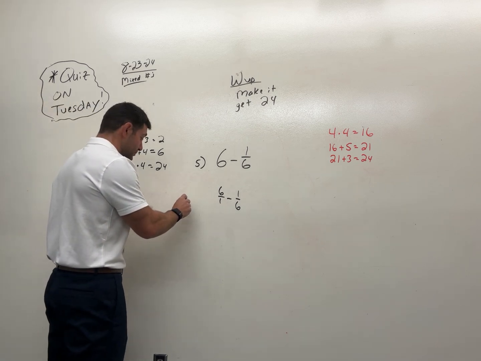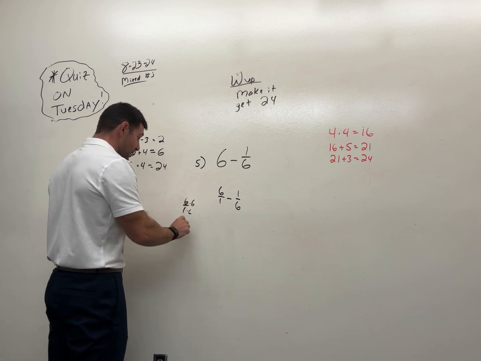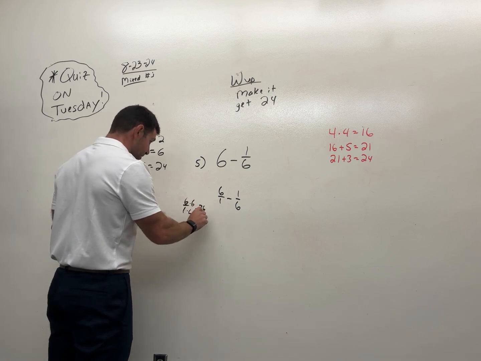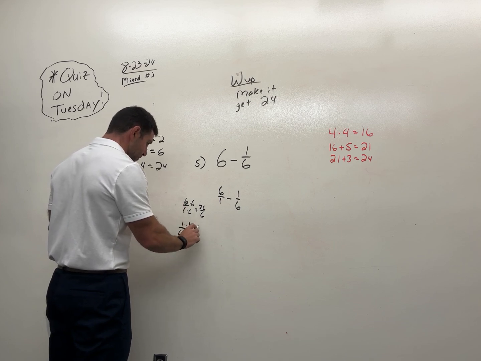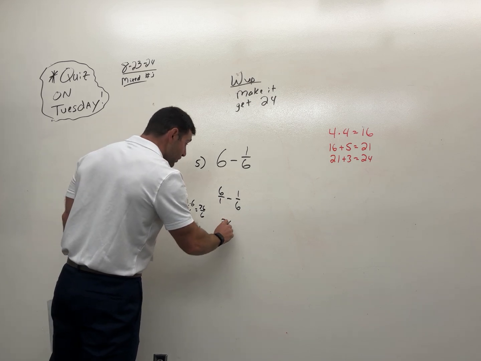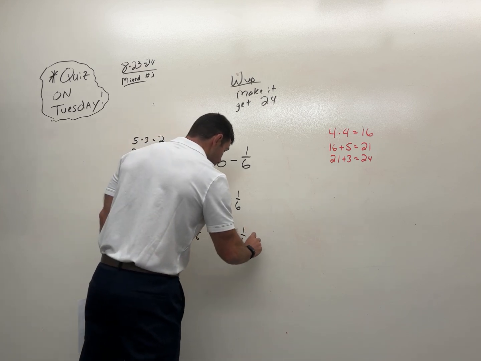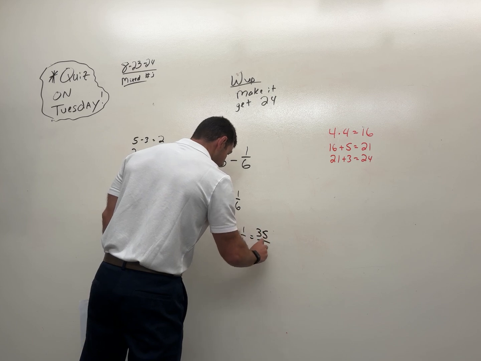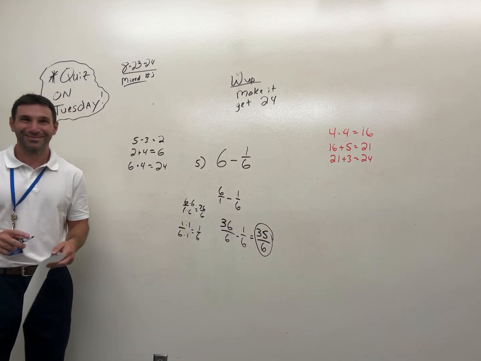You multiply them by their denominator, by the opposite denominator. So this one is 6. That gives me 36/6. And 1/6. The other denominator is 1, which is still just 1/6. So now I have 36/6 minus 1/6, which is 35/6. It's hard for me to say.